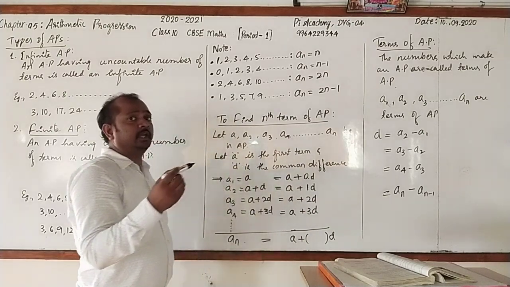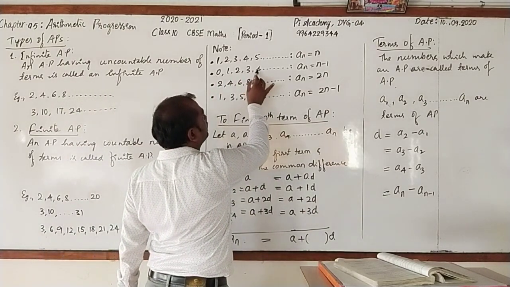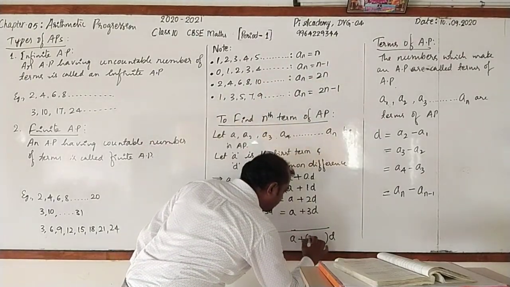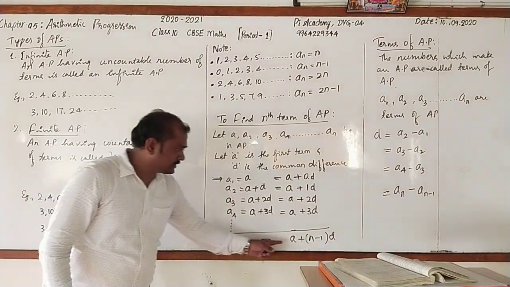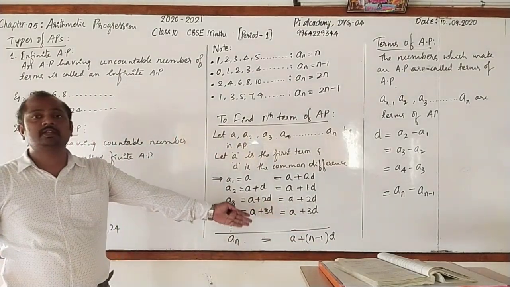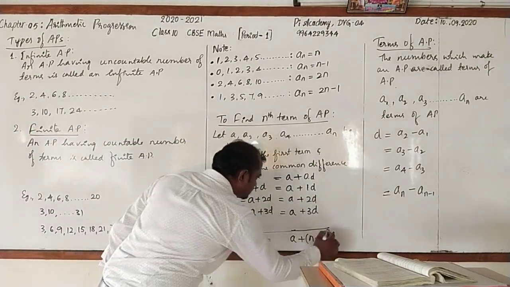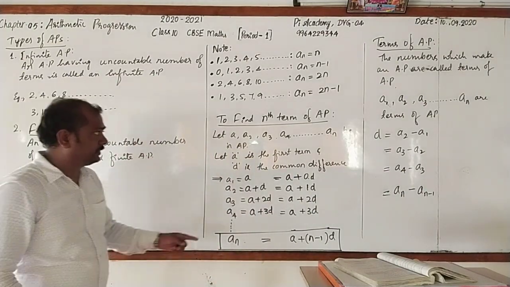What is the nth term when it starts with 0, 1, 2, 3, 4 and so on? The last term is n minus 1. Hence we can write the nth term of an AP as a plus (n minus 1) into d. Clear? So this is the formula used to find the nth term of an AP.